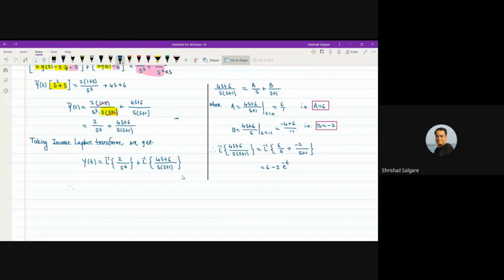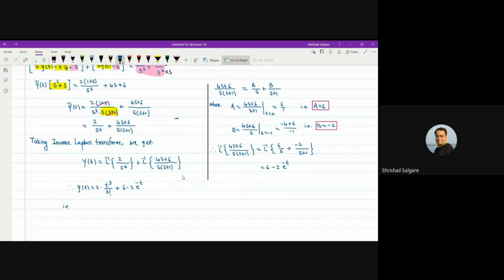Therefore, on the left side, this y of t is given by, t can be taken outside, so inverse Laplace of 1 upon s raised to 4, which is t cube divided by 3 factorial, plus the second term, 6 minus 2 into e raised to minus t.